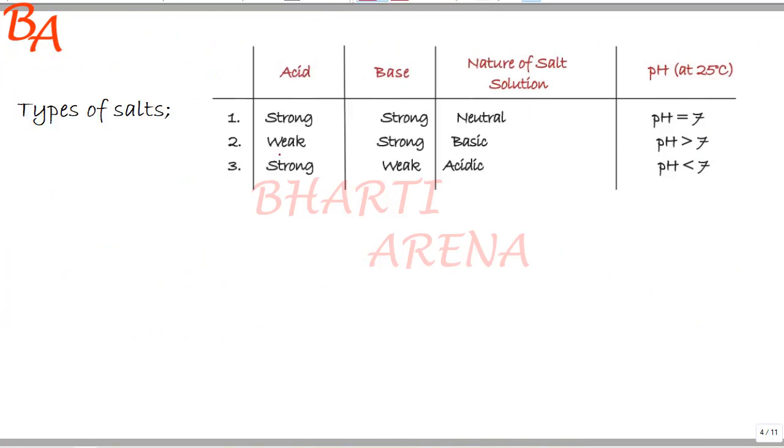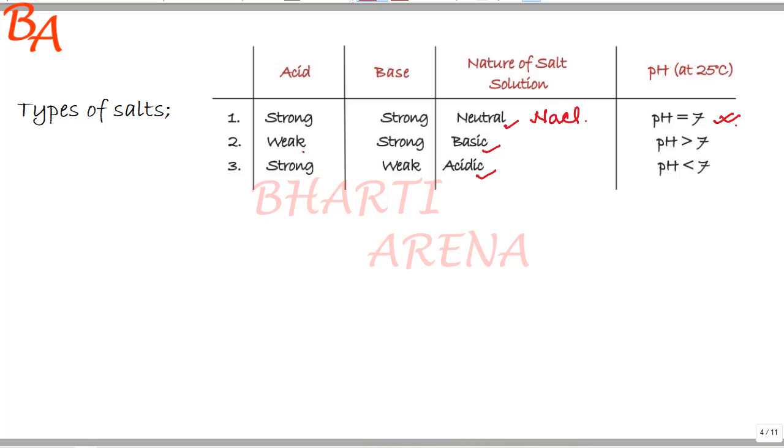Now we will see types of salts. These are of 3 types: neutral salt, basic salt, and acidic salt. Neutral salt is formed by the reaction of a strong acid and a strong base. Example of such salt is sodium chloride, and the pH of such salts is 7.